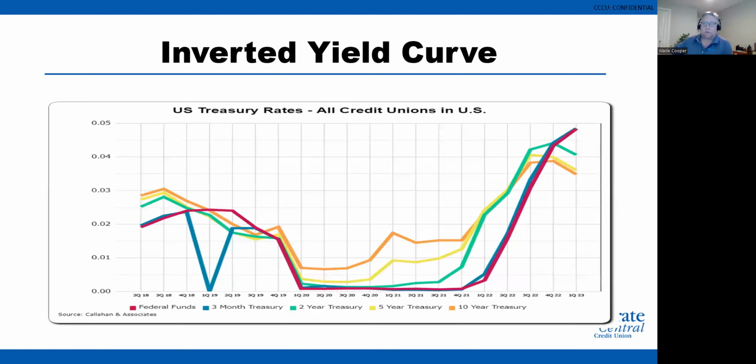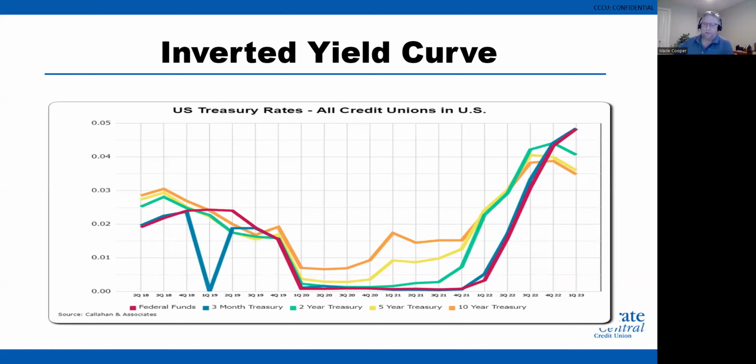Well, let's just start with the inverted yield curve. We've been watching this, obviously, the entire industry, I think, has probably been watching this since it happened in October of 22.